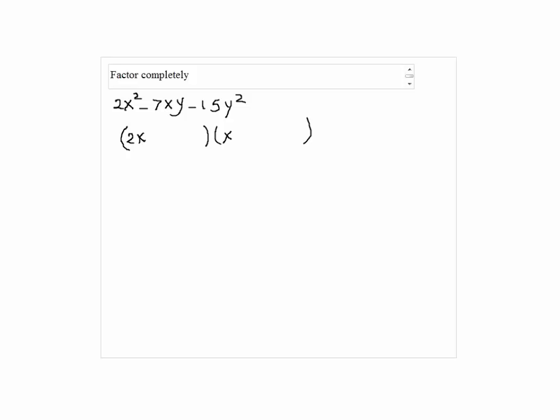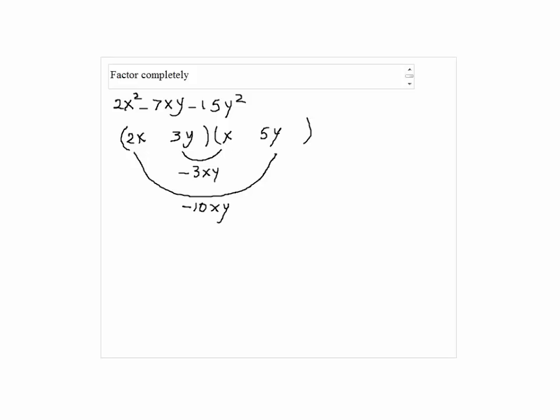Factor completely. 2x to the power of 2 minus 7xy minus 15y squared. Here we don't have anything in common between these three terms except 1, so we open two parentheses.